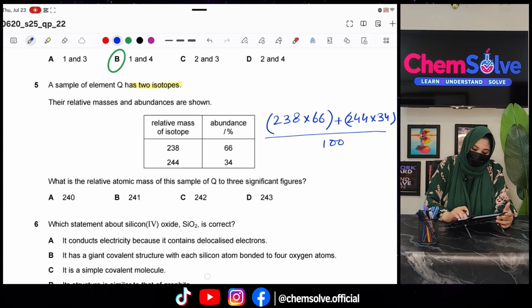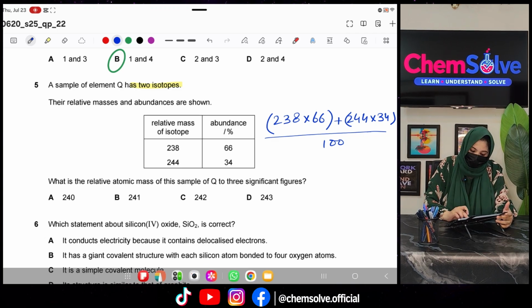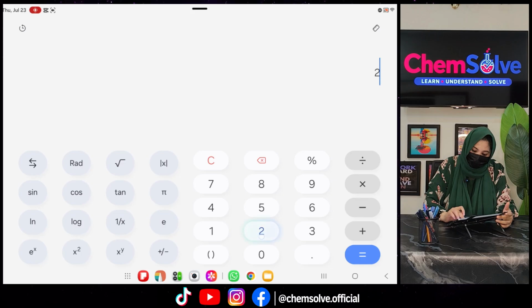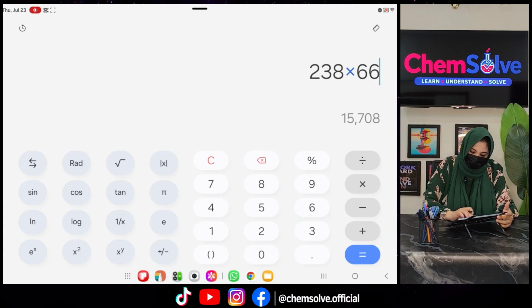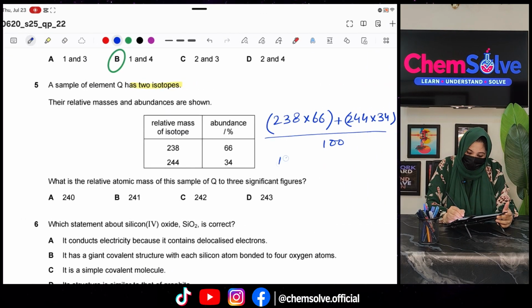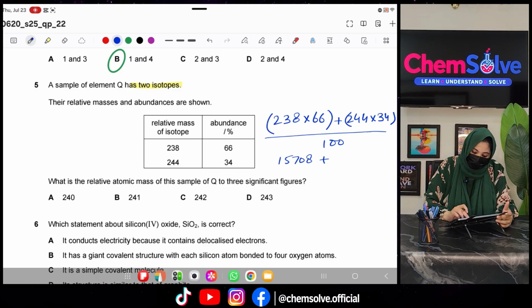So 238 multiplied by 66. Let's solve it. 238 multiplied by 66 is 15708. So I will write here 15708 plus 244 multiplied by 34.